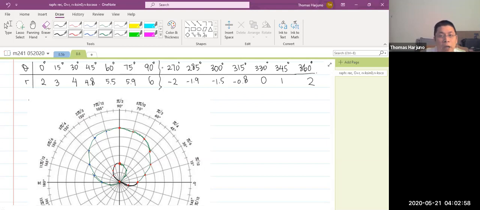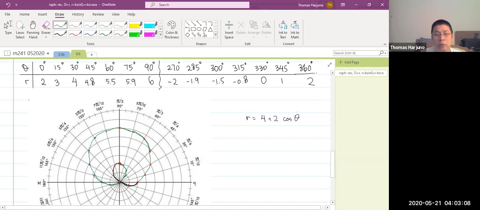Now notice that when r equals 4 plus 2 cosine theta, the maximum value here is 2, the minimum is -2. So the maximum for r is 6, the minimum is 2, right?